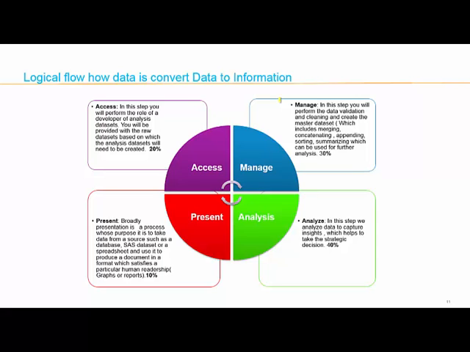Access to the data can mean accessing data from an external database or an ERP file, or data stored in a text file, CSV file, or Excel file. First you need to pull data into a machine. Here the machine can be SAS software, or it can be any software. This is a general picture of how data is converted into information.